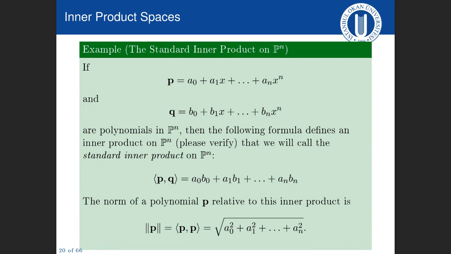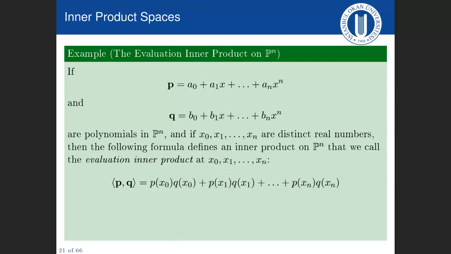Next, I want to give a different inner product on Pn. So again, I'm starting with 2 polynomials of degree n or less. And then I want to pick some numbers. I want n+1 real numbers.